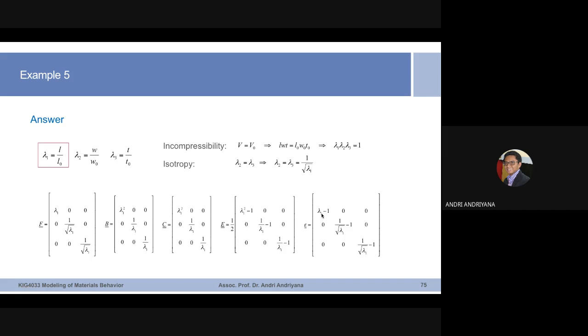Last week, one of you asked what is the link between the stretch lambda and the engineering strain. So this is the link: epsilon is equal to lambda minus 1. And the rest is F along the second direction, B along the second direction, and so on. And this is the engineering strain along the second direction. As you can see, the engineering strain along the second direction is equal to the engineering strain along the third direction.